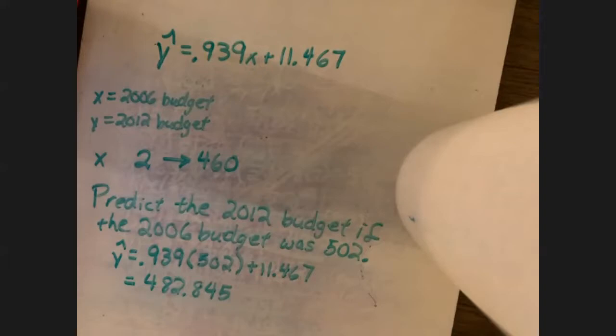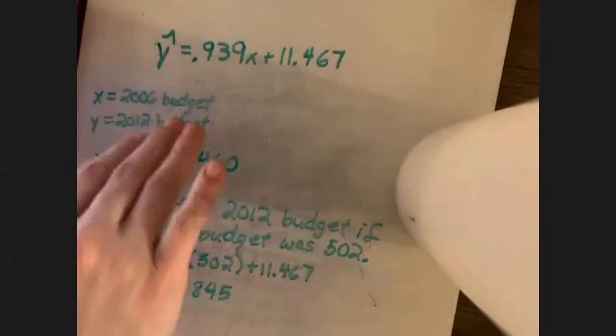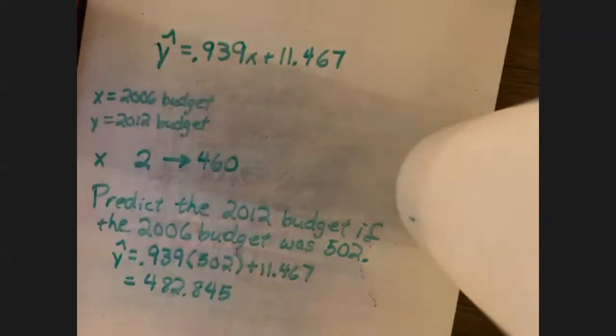They may have gotten 480 million. This is just the estimate based on the data that we were given. Okay, so make sure that you are being cautious with that. And again, that's why we can't go too far outside of the realm of where they did, okay? You can't go pushing way, way far out.